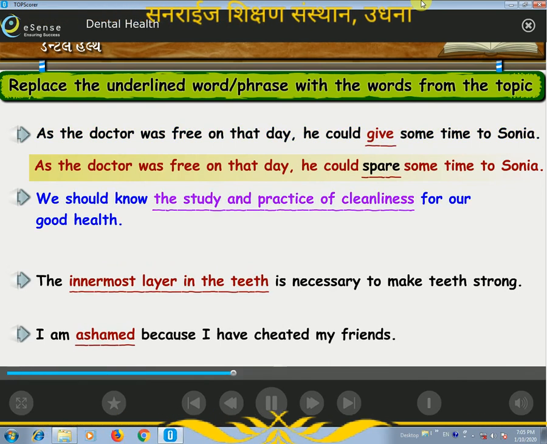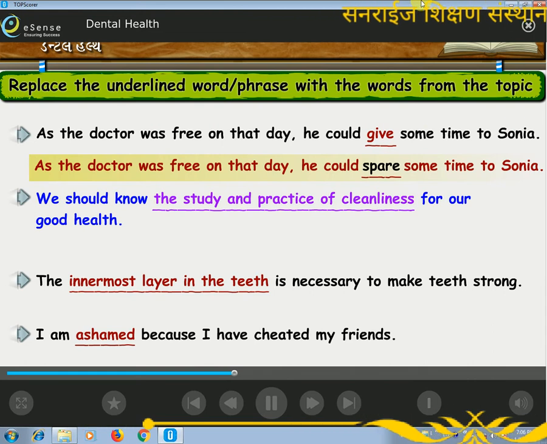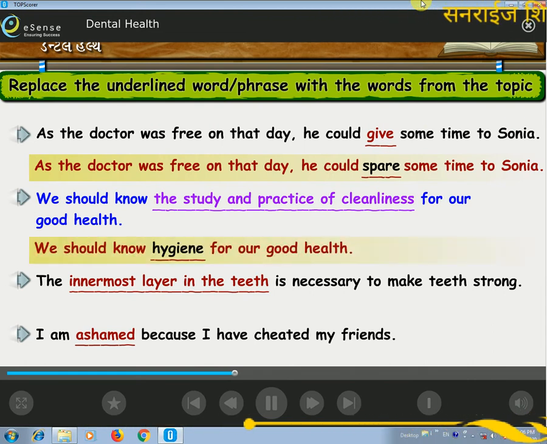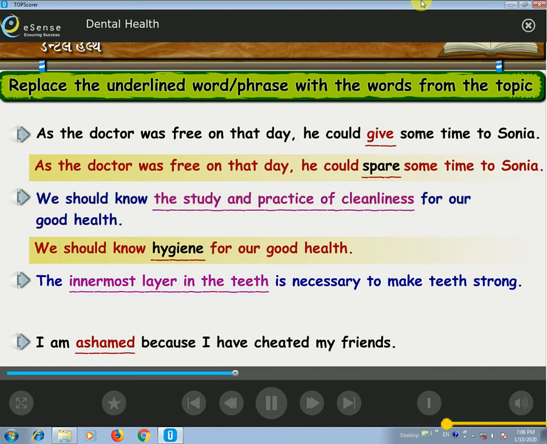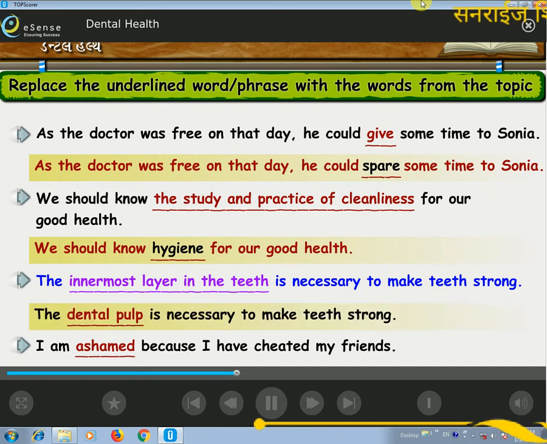The dental pulp is necessary to make teeth strong. I am embarrassed because I have cheated my friends.